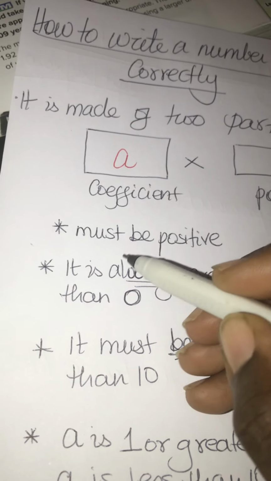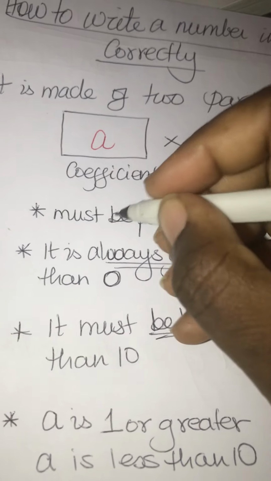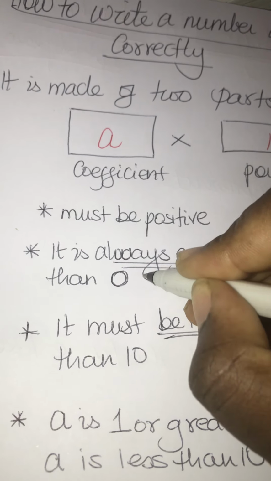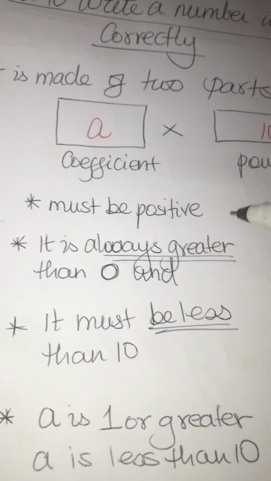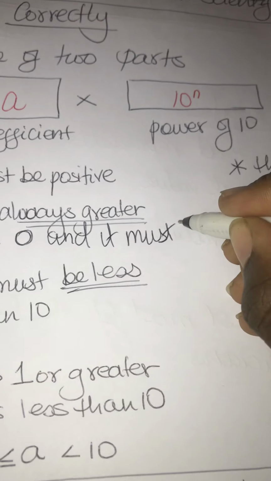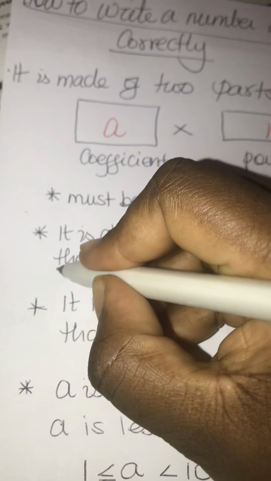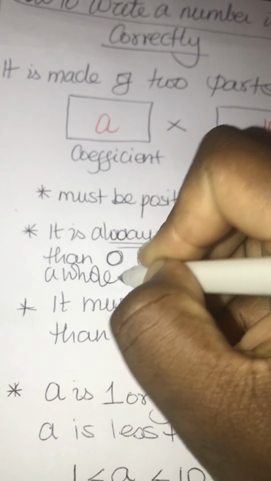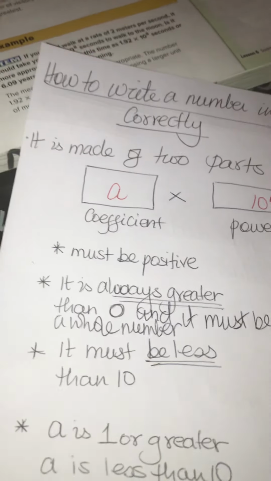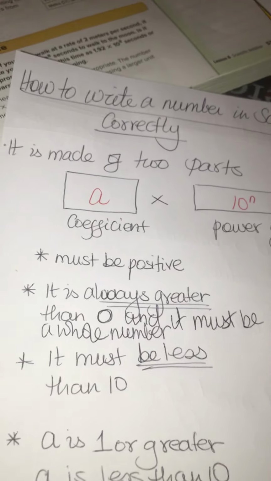It is always greater than 0. And a whole number. It must be a whole number. That means it cannot start with 0. That's what I'm trying to say.